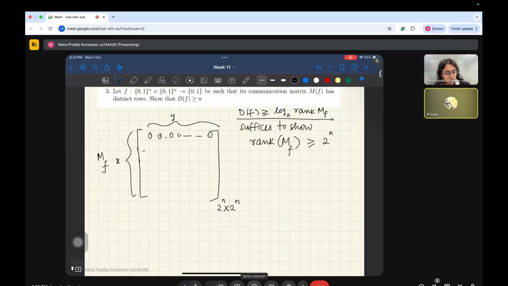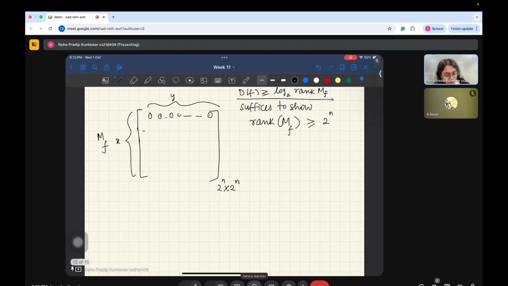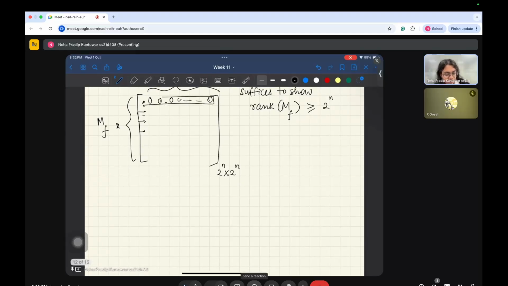How many possible values can there be? What are all the possible values the rows can take? For every bit we have two possibilities, either a zero or a one.